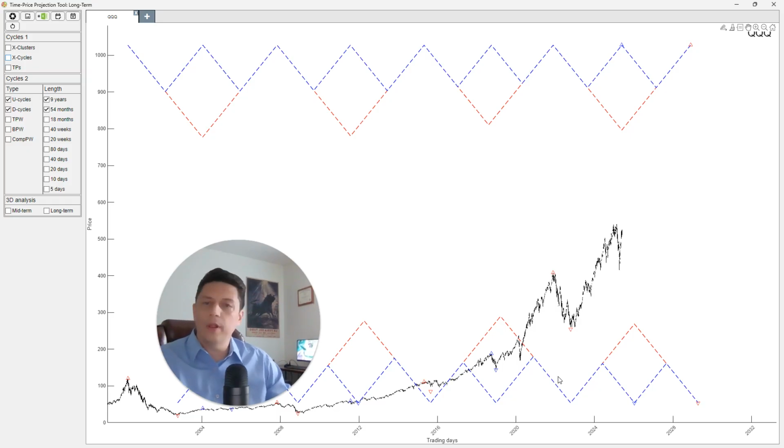So if you're familiar with Hurst cycles, this is very similar to that, but the primary difference is we use both up and down Hurst cycle composites. And the reason we do that is because the upper composites are responsible for major tops, as you can see here, and the bottom composites are responsible for major bottoms.